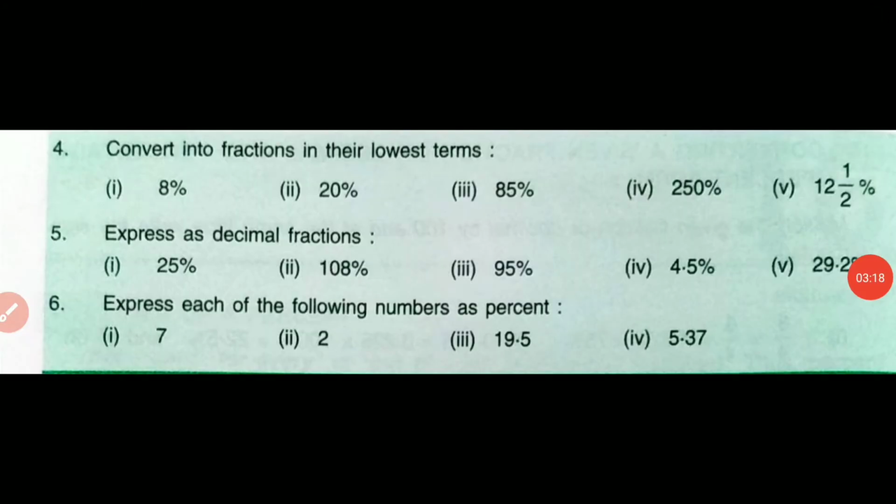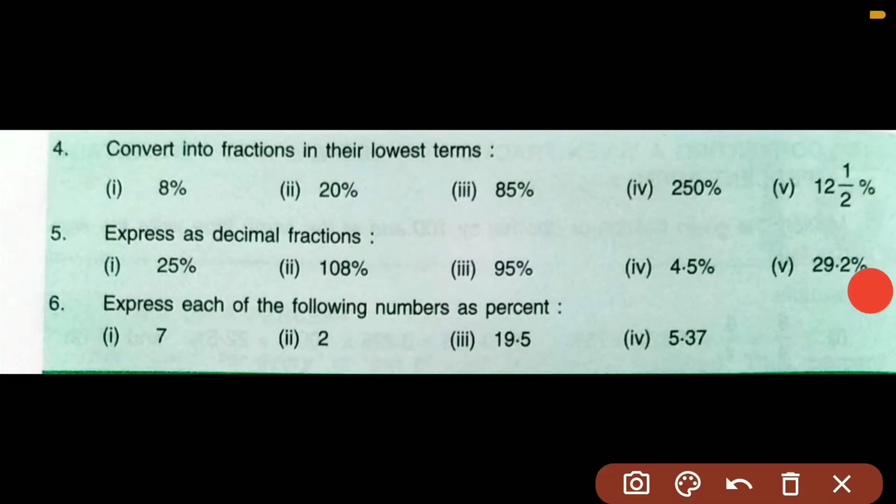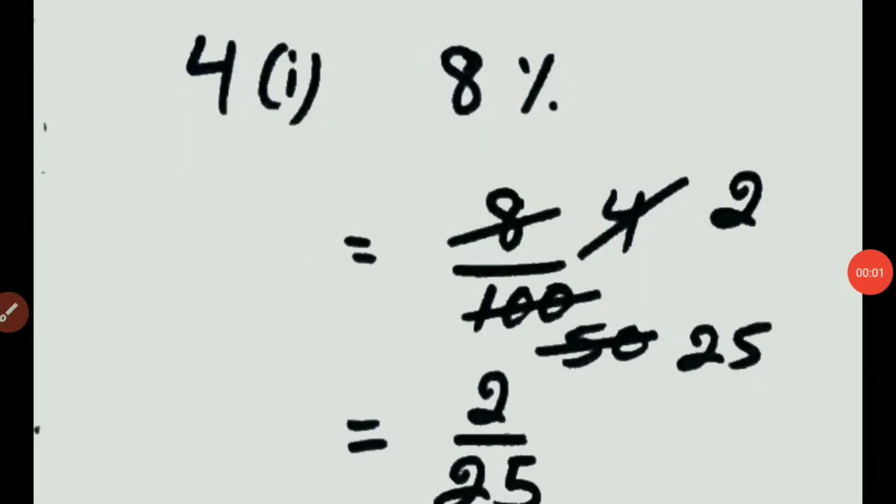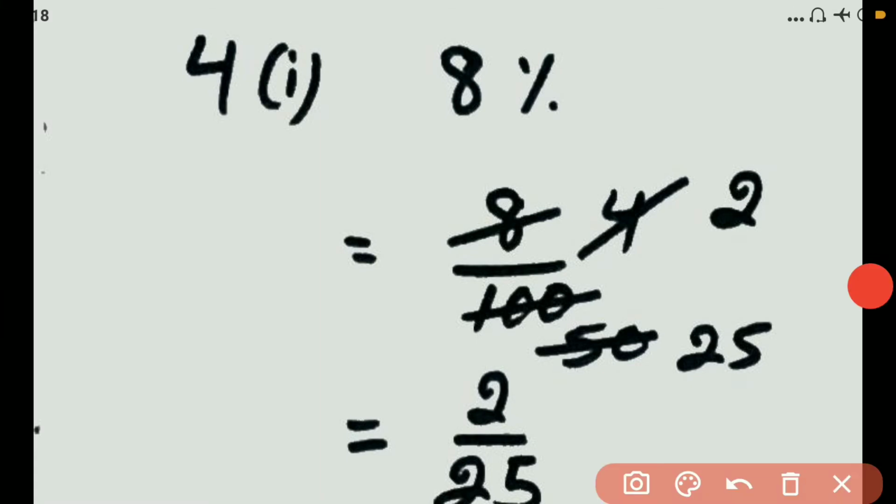Coming to question number 4, the question reads as convert into fractions in their lowest term. Here you can see percentage is given, and we are supposed to convert them into fractions. Coming to the solution of number 4.1, here 8% is given to us, and this has to be converted into a fraction.